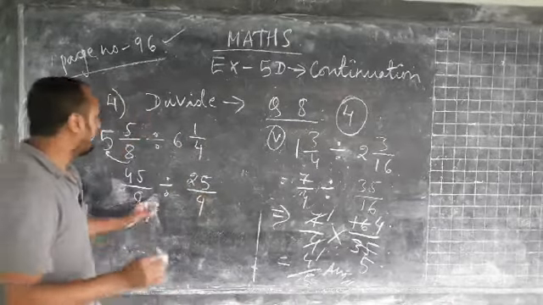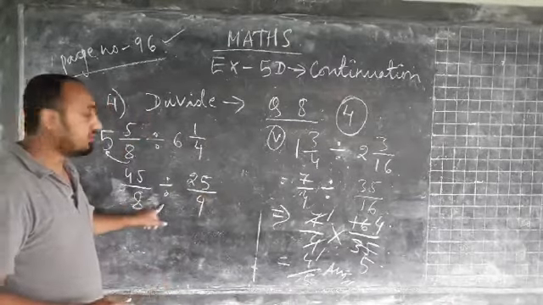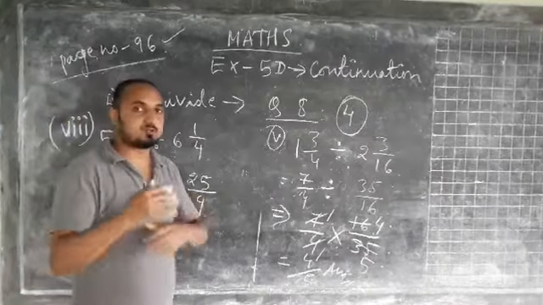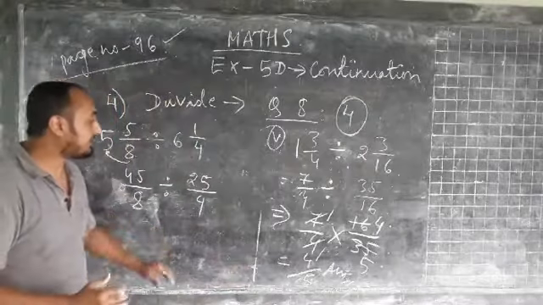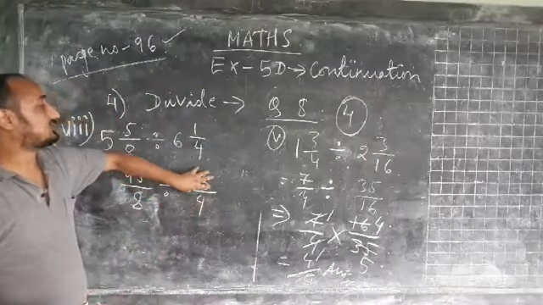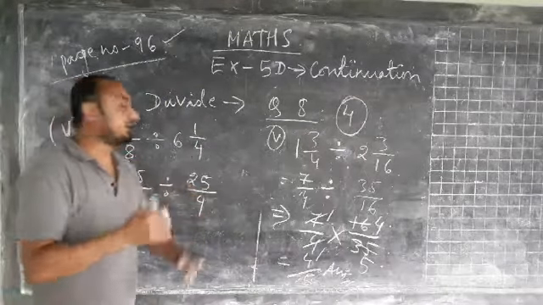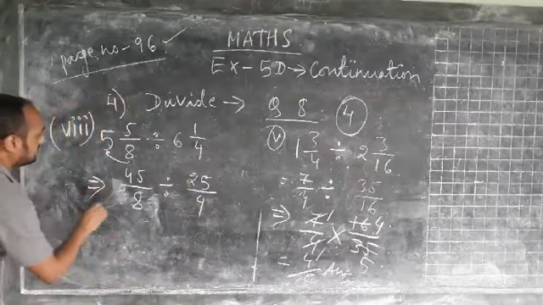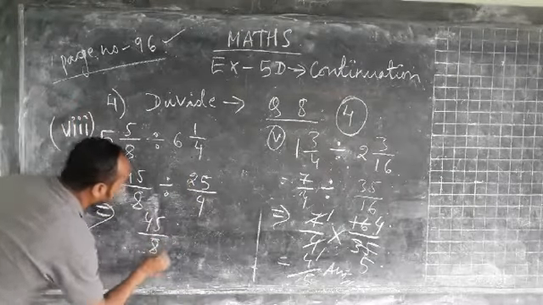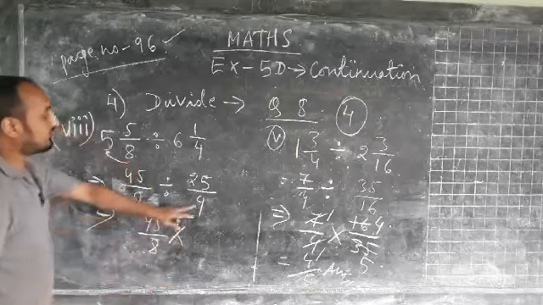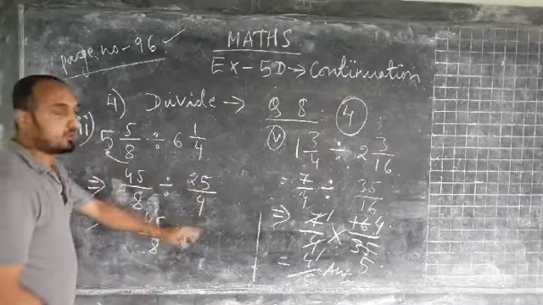Now we have to change this sign. The divide sign, when we change it, will be converted into multiply. At the same time, the fraction will also interchange. So in the next step we can write 45 by 8 into, now this 4 will go up, 25 will come down.